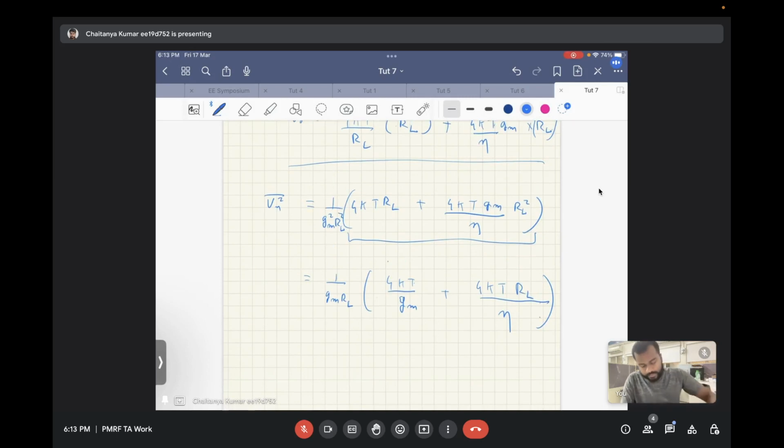Okay. So we see here that the input referred noise power is proportional to GmRL, that is the gain that we get from the circuit. So Gm basically can be set by the overall gain that we require from this common source amplifier.